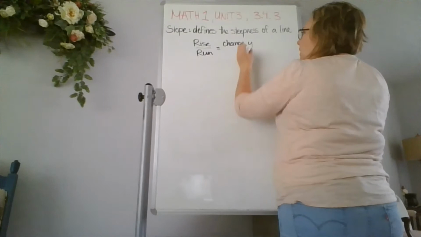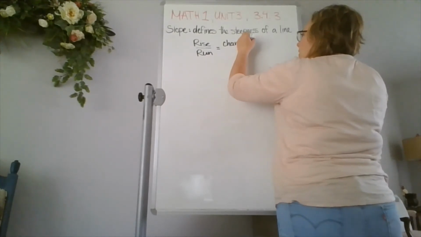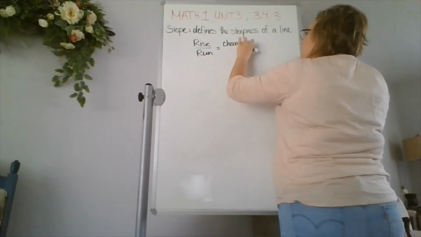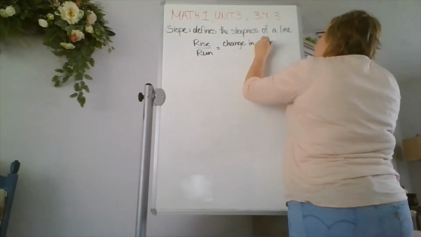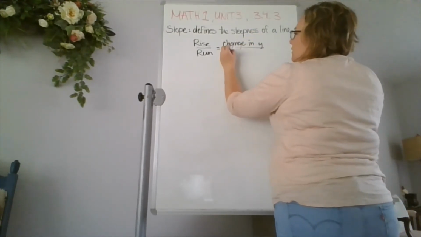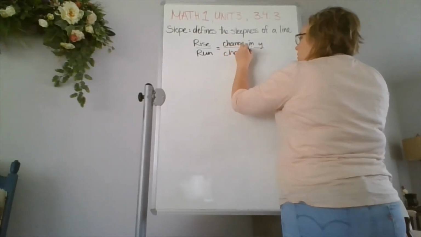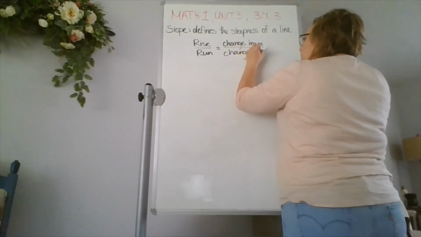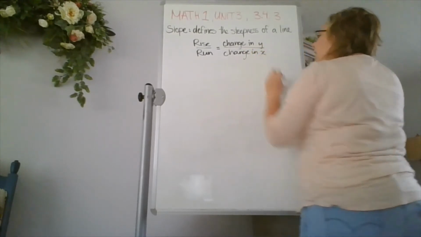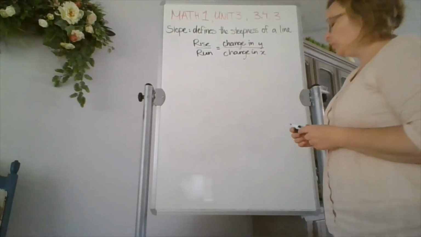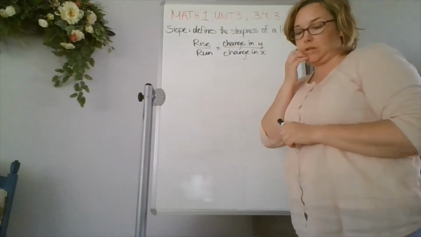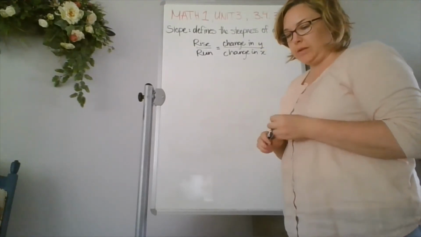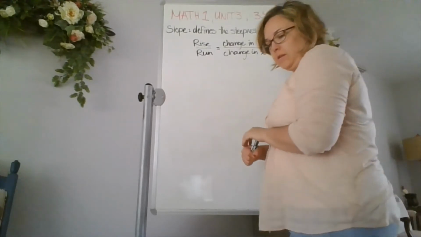So change in y over change in x. Okay, that is our slope. We're looking for the change in the y values or the y coordinates and the change in the x coordinates. So let's go through a couple examples given that.